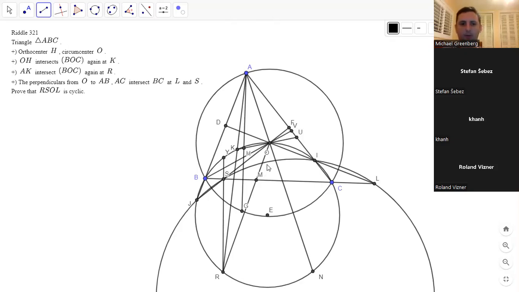So we want to show RS and RM are isogonal. And similarly, we want to show RJ and RL are isogonal. I wonder if RJB is similar to RCL.